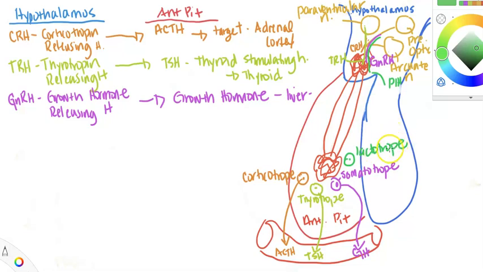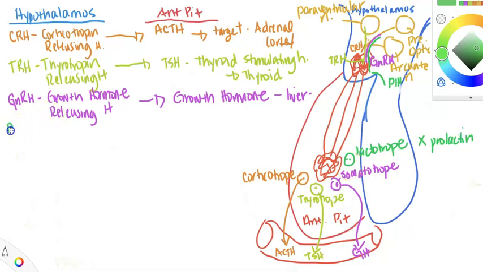And this one's a little different because this basically stops lactation. So it basically blocks prolactin.